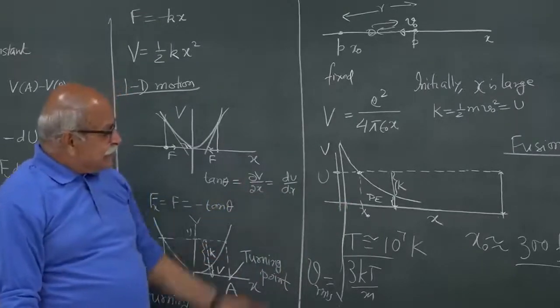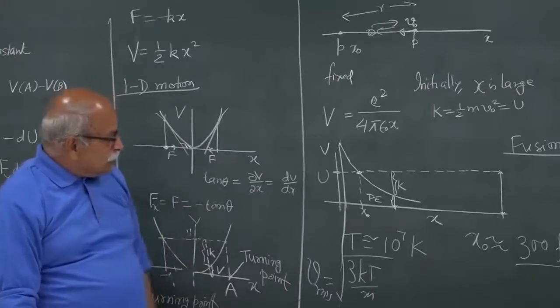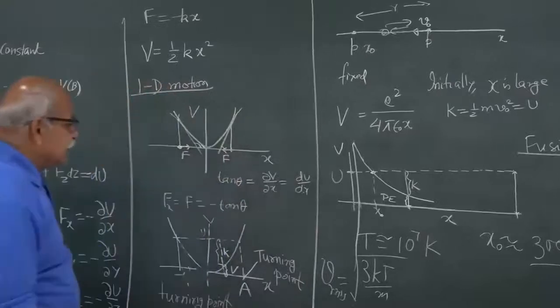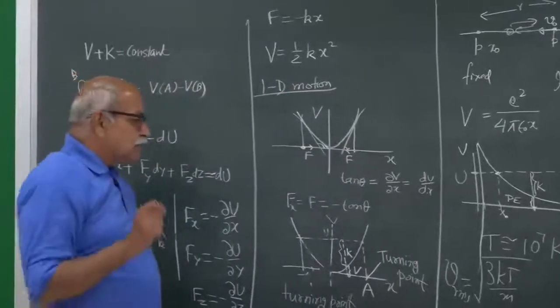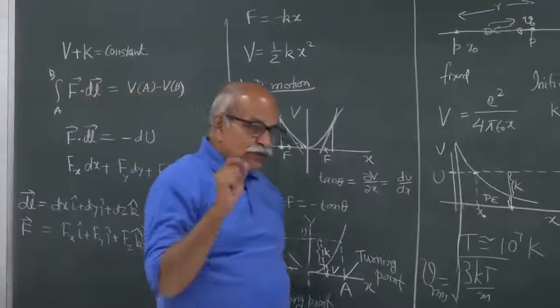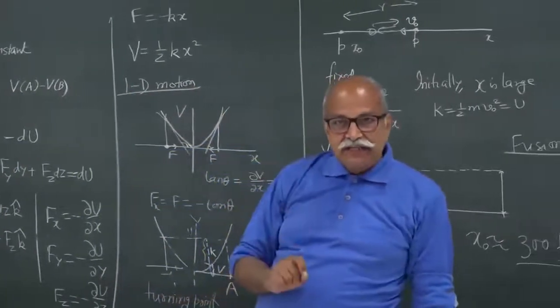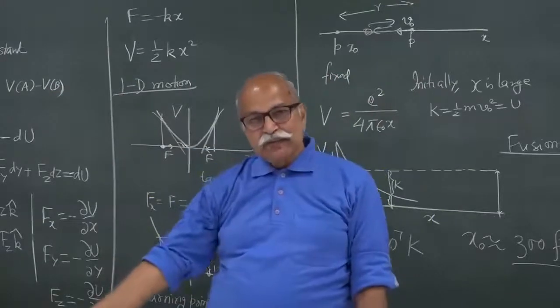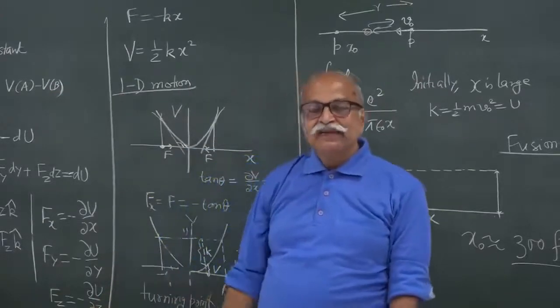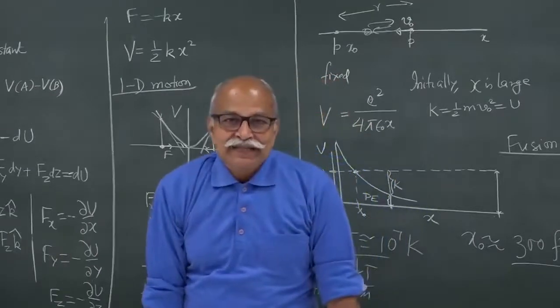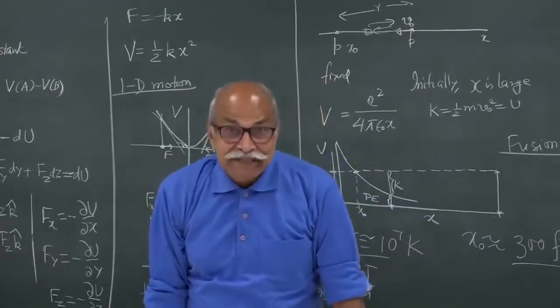So, these are the things that you can do with potential energy. We will come across such things again and again, and now I want to introduce another parameter. We talked of linear momentum, we talked of potential energy, and then from there total mechanical energy and kinetic energy. Another parameter which is important in mechanics is angular momentum.